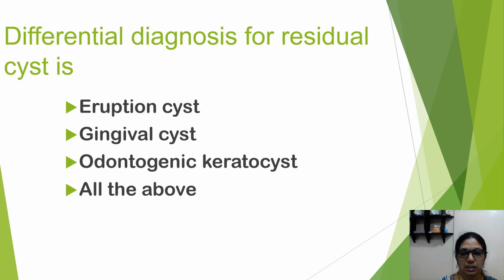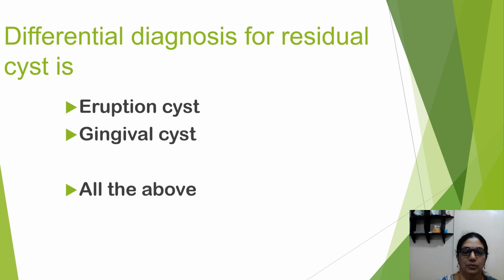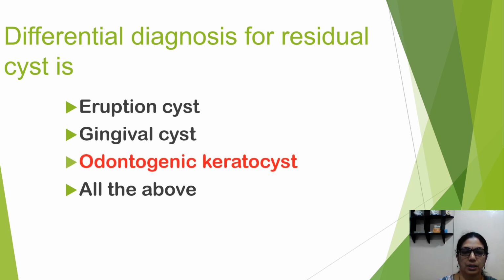Eruption cyst, gingival cyst, or odontogenic keratocyst, or all the above? Obviously odontogenic keratocyst, because it is the only cyst which occurs within the bone. The other two will be soft tissue cysts, so you cannot consider them as radicular cysts or residual cysts. So odontogenic keratocyst is the differential diagnosis for residual cyst, if it appears as a single cyst.